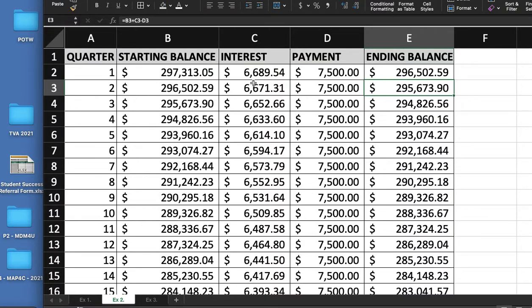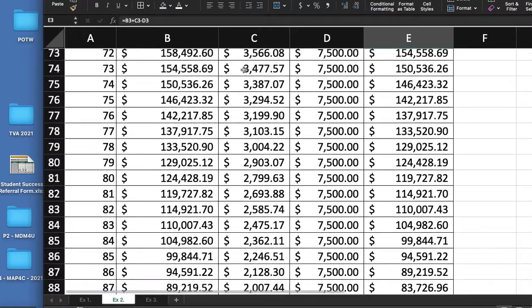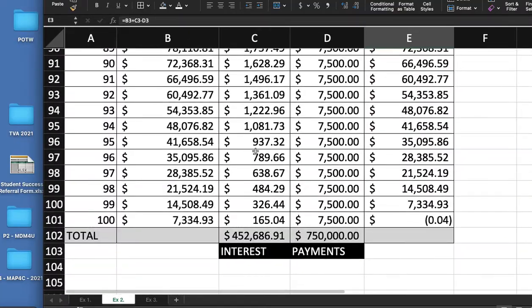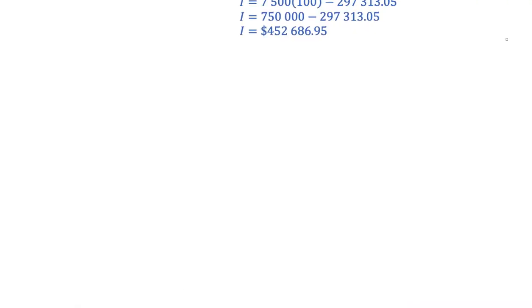And over time, we will see the interest decrease. And there's 100 different periods or compounding intervals. So you look at this here, we approximately get 0 by the end of this, and the total of the interest corresponds to our calculation in the Word document.